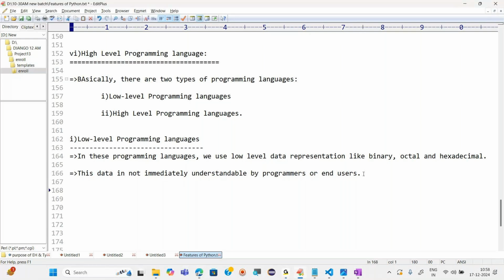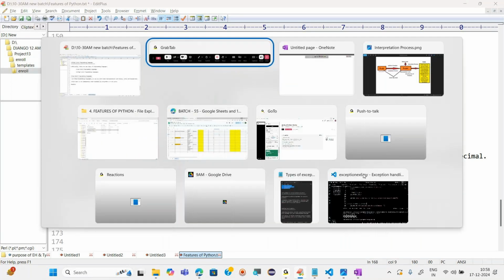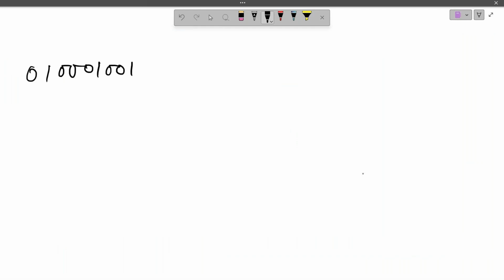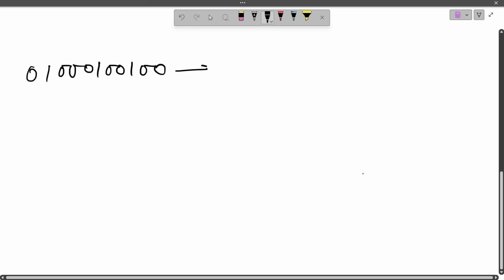Now, what kind of data do we have? Let me give you an example. The system knows what type of language? Binary. Now, let's say I give 0 1 0 0 0 1 0 0 1 0 0. Now, tell me what is the answer of this?